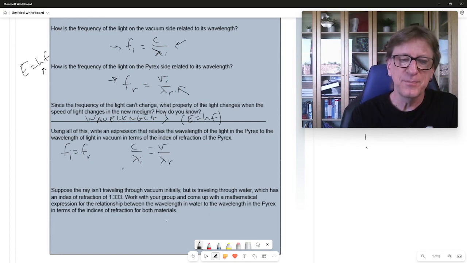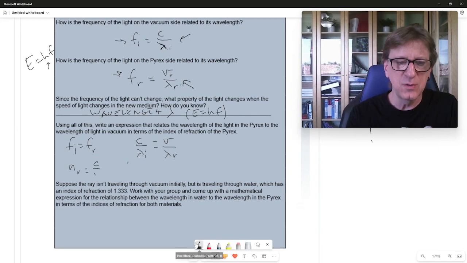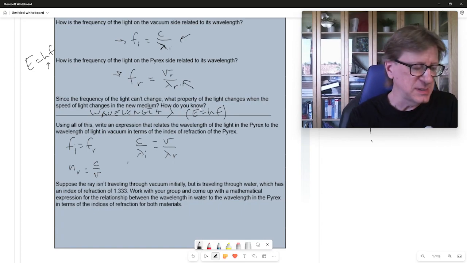Now we want this in terms of the index of refraction. n for the material, for our refracted material, is just going to be c over v, right? So let's see if we can manipulate this expression to give me c over v.